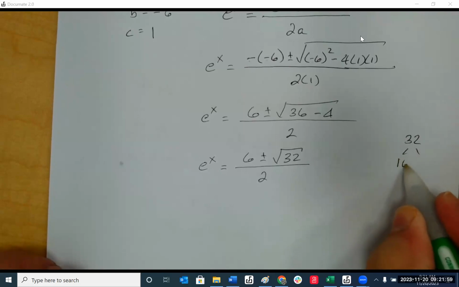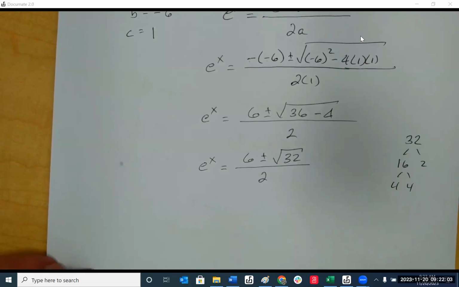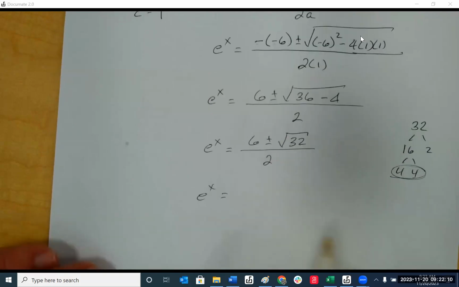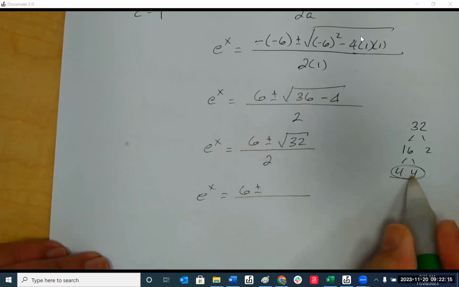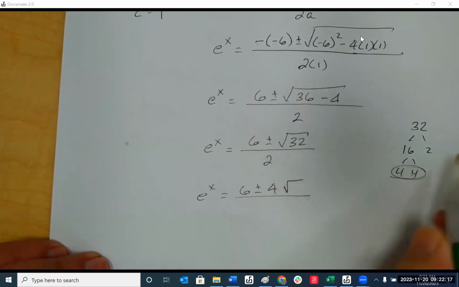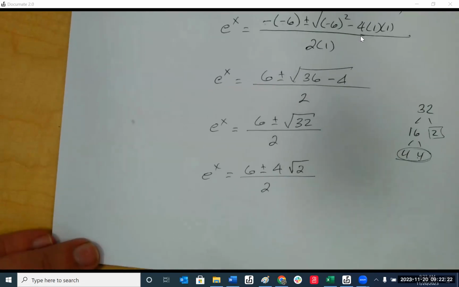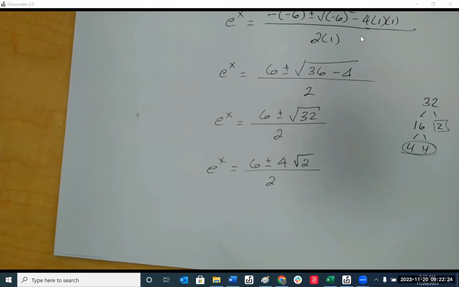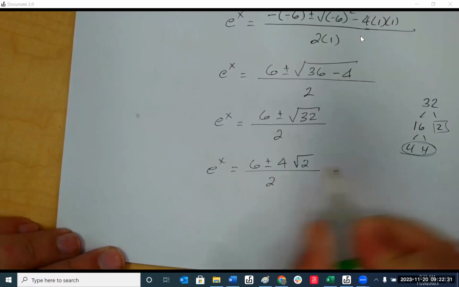Thirty-two is 16 times 2, 4 times 4. Once you find a pair of numbers, they can come out of the radical. So since there's 2 4s, the only thing left that stays inside there is the 2. On the top, we can factor out a 2.